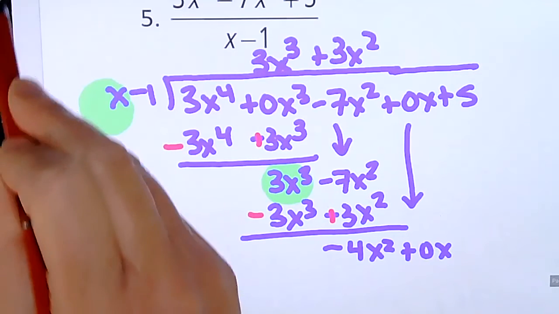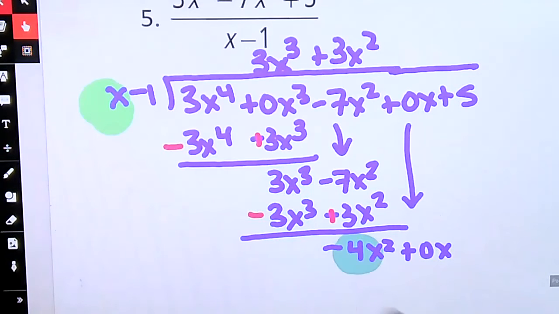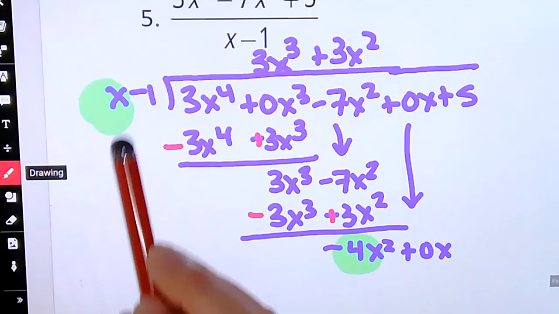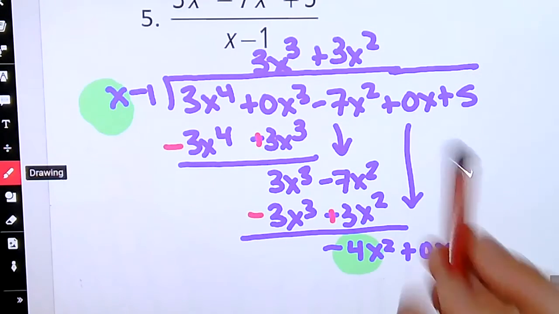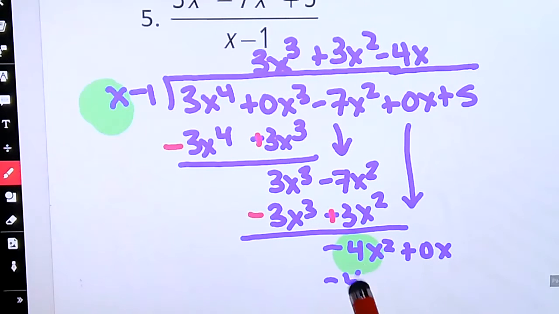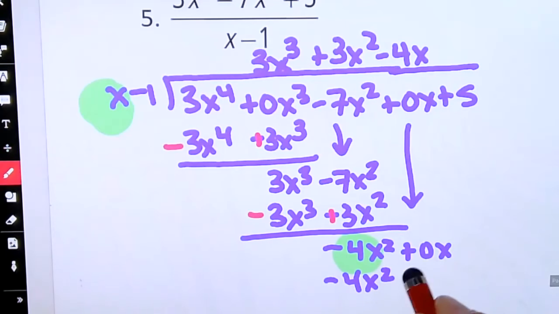And so now I'm focusing on x into this negative 4x squared. So x times negative 4x will give me a negative 4x squared. Okay, so again, I'm going to get a negative 4x squared. And then negative 4x times a negative 1 is a positive 4x.